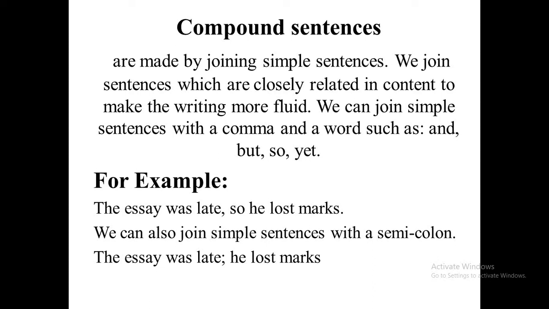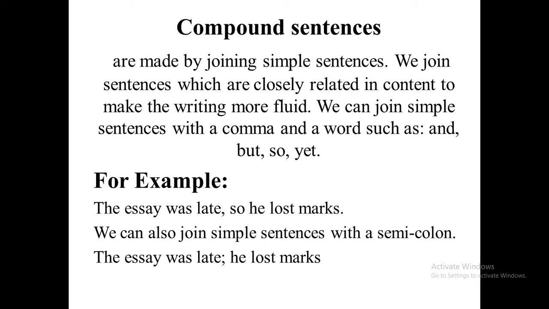Now we have to look at compound sentences. Compound sentences are made by joining simple sentences. We join sentences which are closely related in content to make the writing more fluid. We can join simple sentences with a comma and a word such as and, but, so, yet.